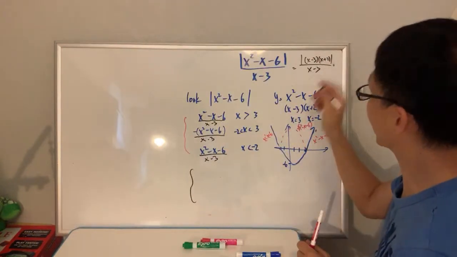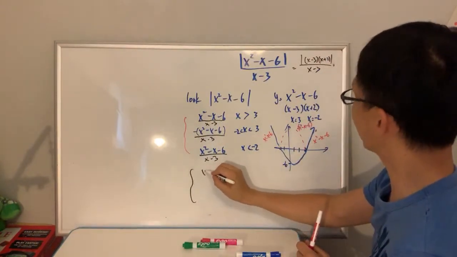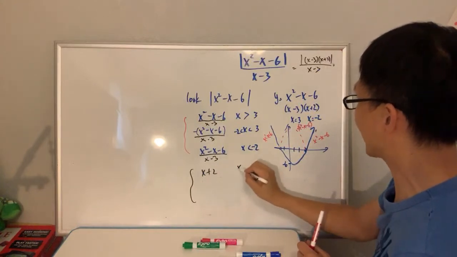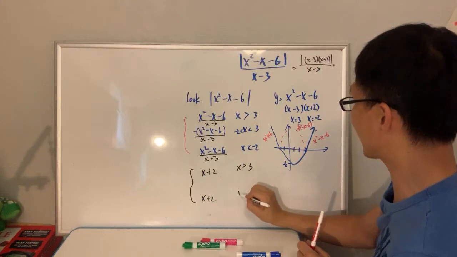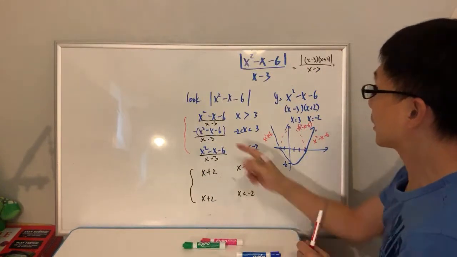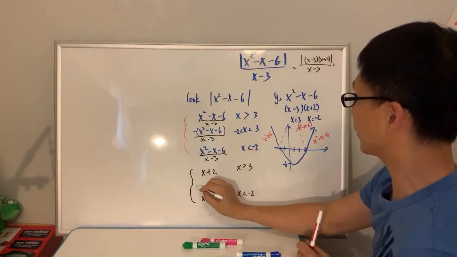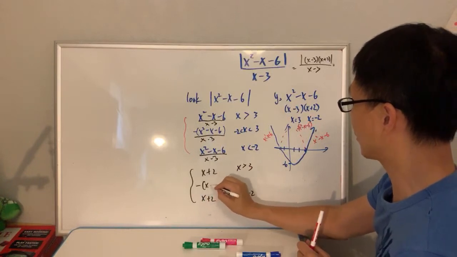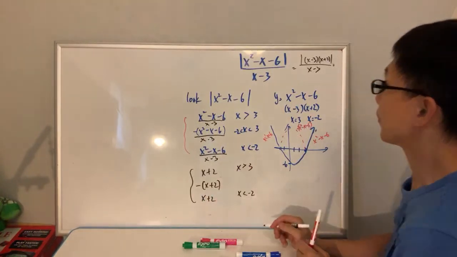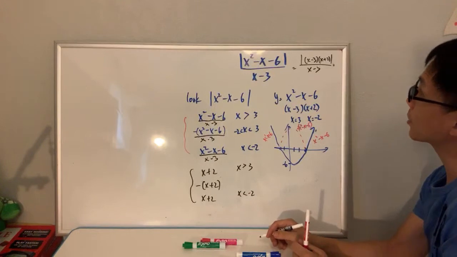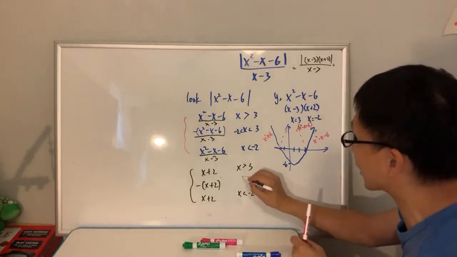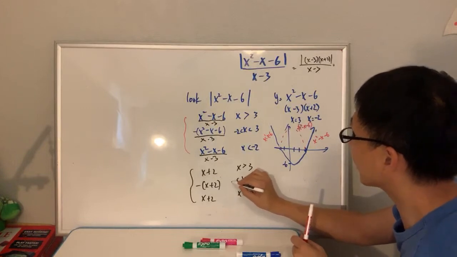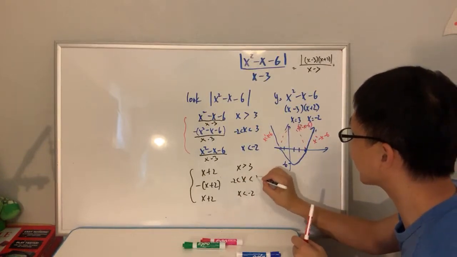So x minus 3 will cancel out, leaving x plus 2 when x is greater than 3, and x plus 2 when x is less than negative 2. Now the middle part here is going to be negative of x plus 2, because the x minus 3 is going to cancel out, leaving the negative of x plus 2. So that's when x is between negative 2 and 3.